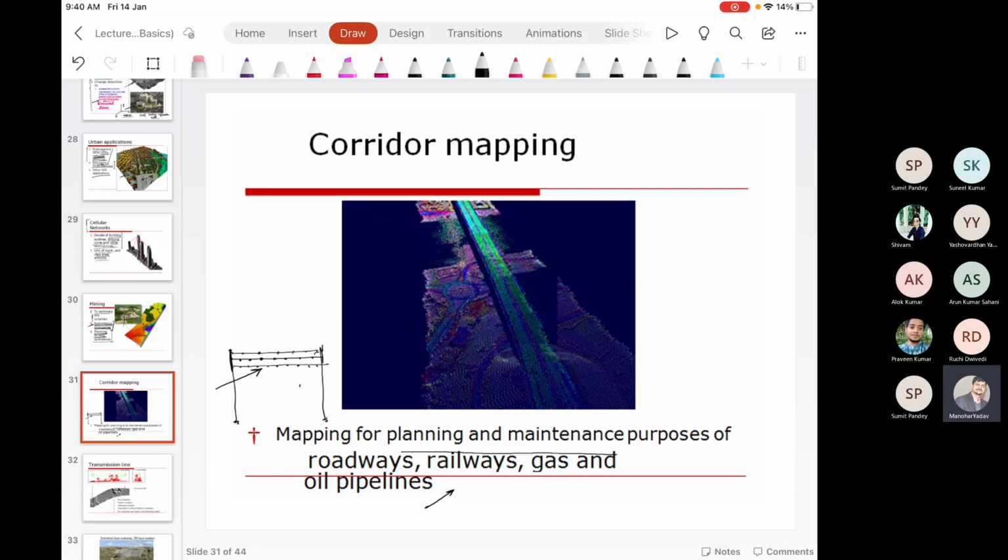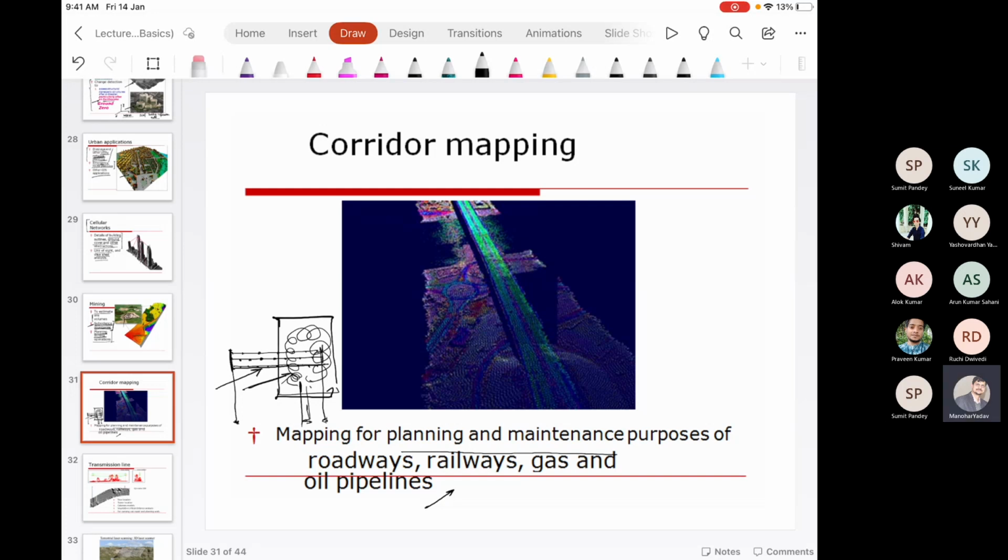Let's say somewhere there is a tree and its branches are encroaching on the power line, so that hazardous situation can be assessed. Based on this, the required corrections can be done. There may be a requirement to trim the tree branches so that they are isolated from the catenaries, which connect one pole to the next pole.